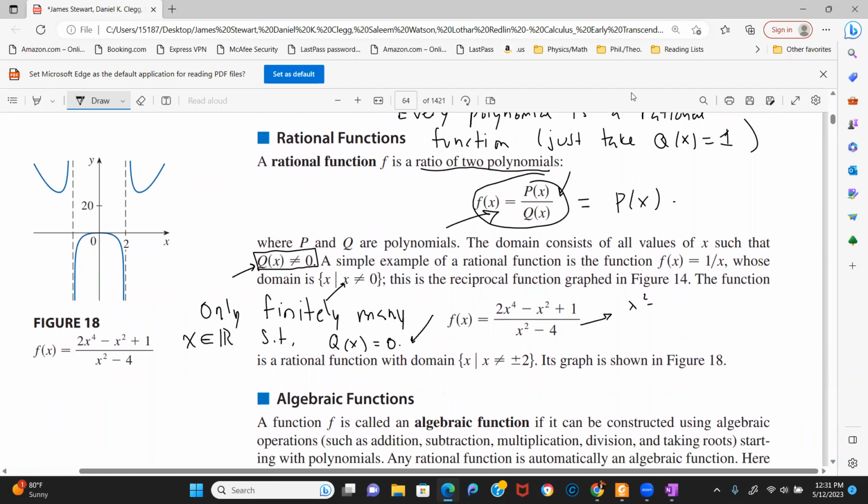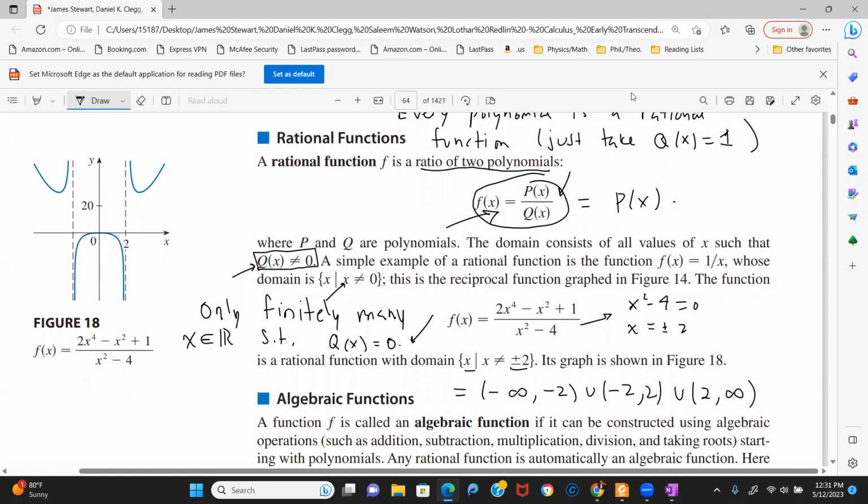The denominator is 0 when this is 0, and it's clear that this implies x is plus or minus 2. So the domain is all x that is not plus or minus 2. In interval notation, that's -infinity to -2, union -2 to 2, union 2 to infinity.